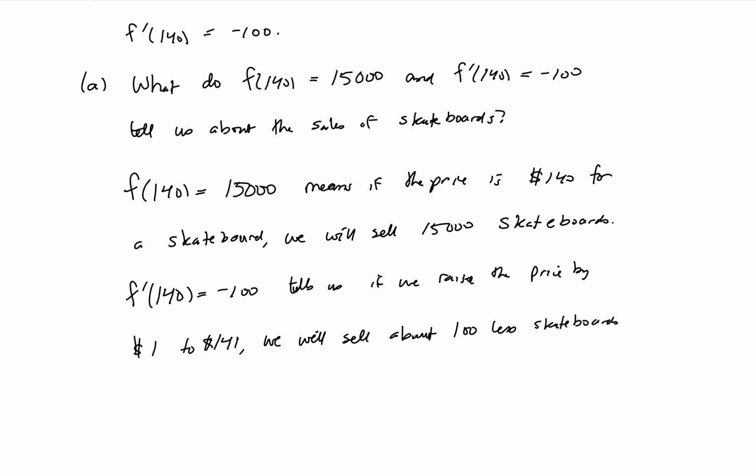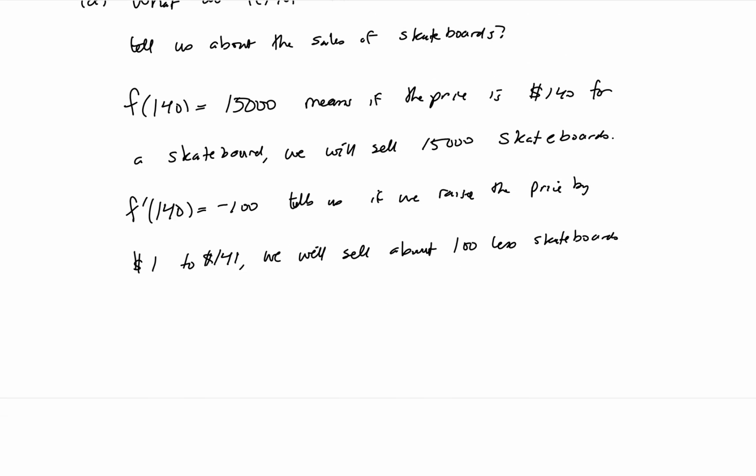Right, that we can think of, remember, the units of F prime are quantity, so number of skateboards, over the price in dollars. Remember, writing that down can sometimes help with the interpretation.